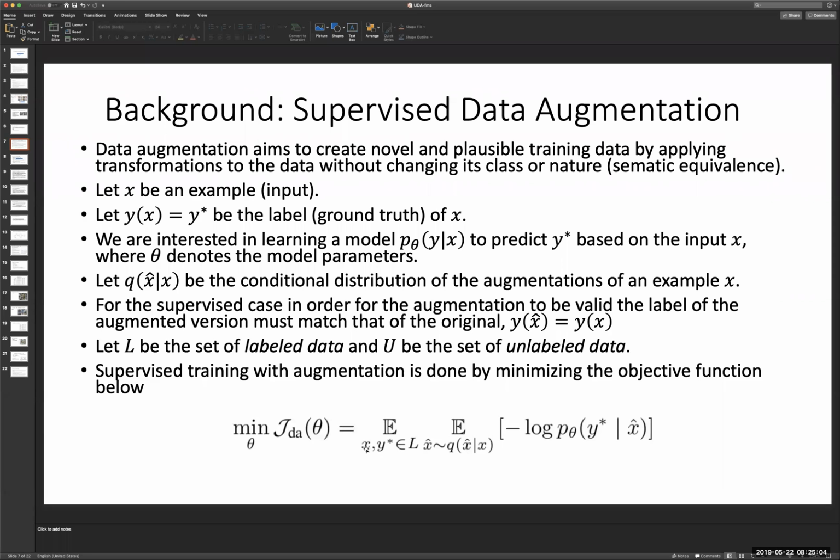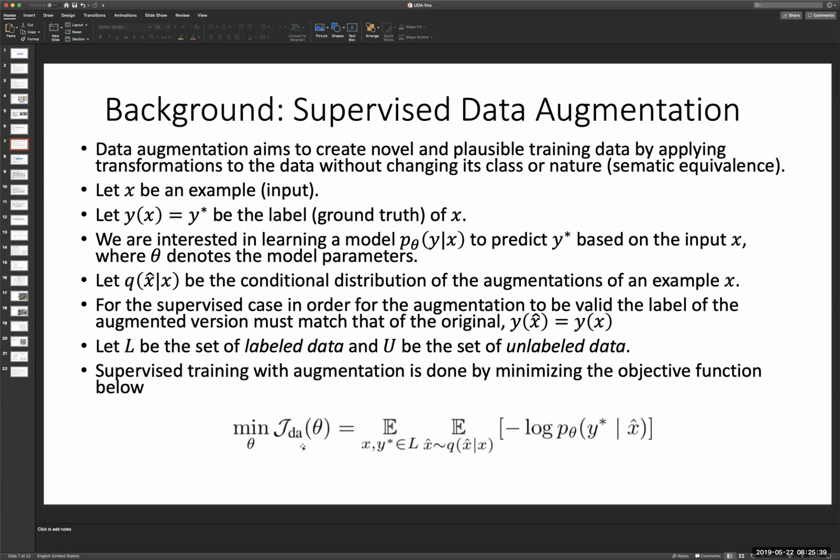So we see that a labeled data point x is supplied to this augmenter, and it probabilistically produces an augmentation, and then that's averaged over this loss function. And that's what we're trying to minimize. This is our objective function. In the case of supervised data augmentation, you see that it's supervised here because all the data comes from L, the labeled data set.